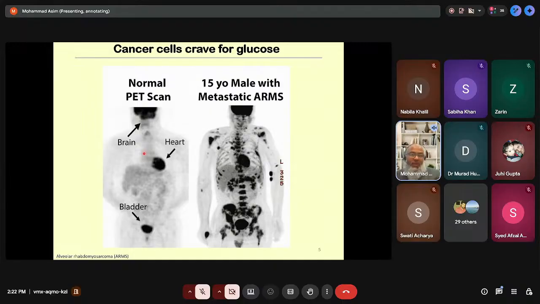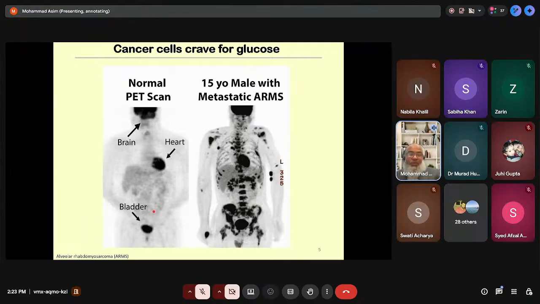You can see here, if you do a PET scan of a normal individual, what tissue types are actually the ones consuming the most glucose. So our brain, our heart, no doubt, as well as the bladder, because of the transitional epithelium structure, which is very flexible, seems to make use of a lot of energy.